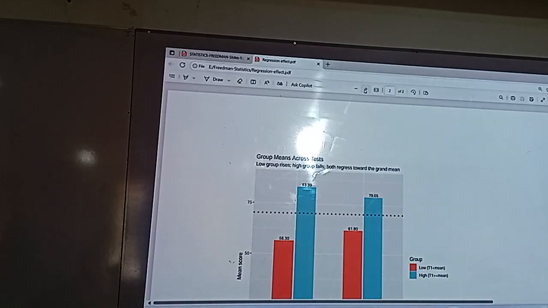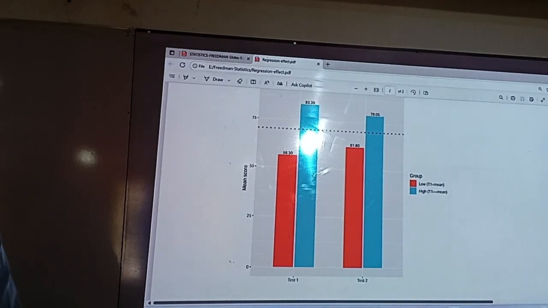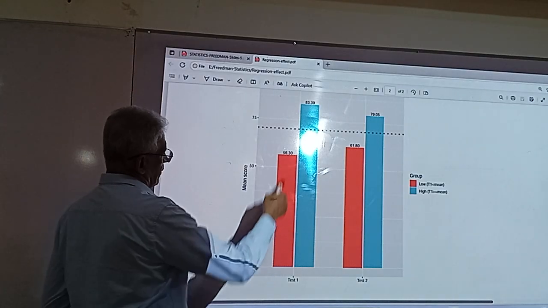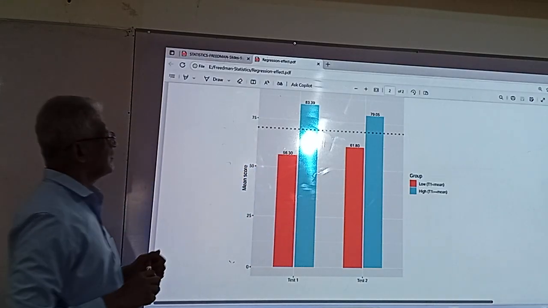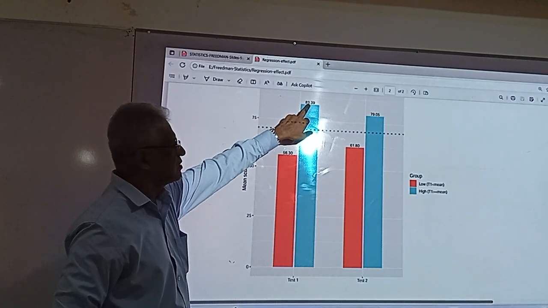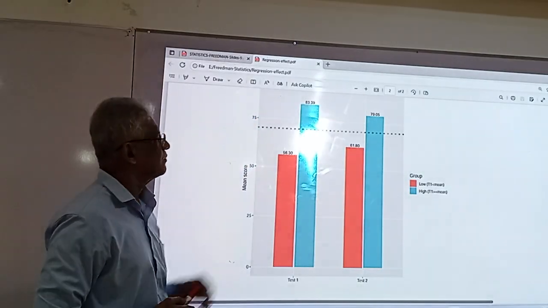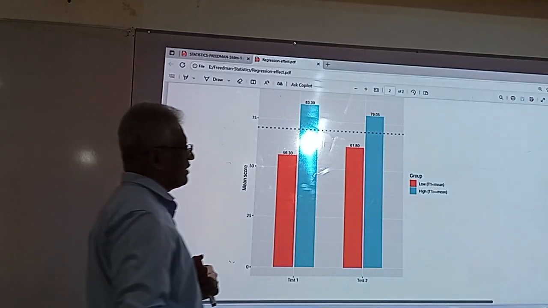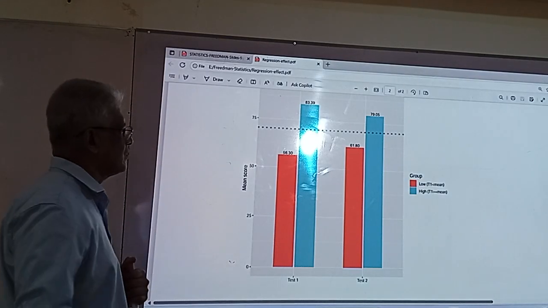So for the test 1 marks, if I look at the two groups, below average people and above average people, below average people had the average 56.3, above average people had this average 83. For the same people, these are just generated data without doing anything, but this happens always.